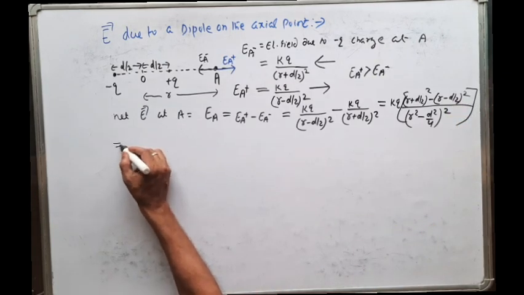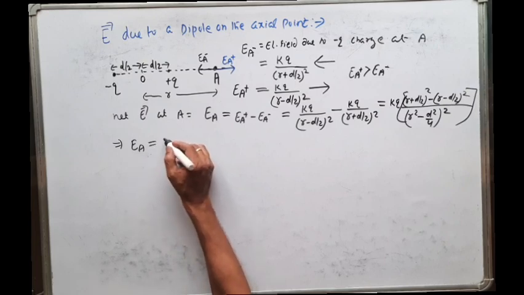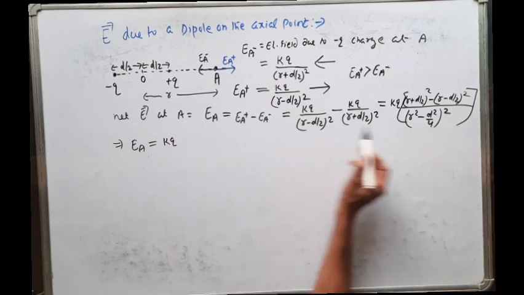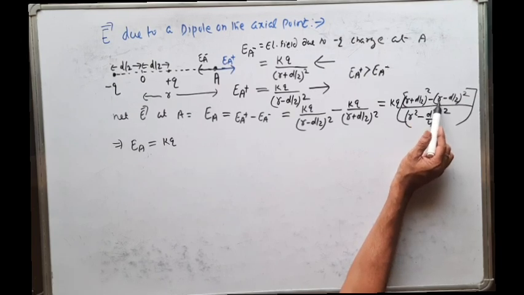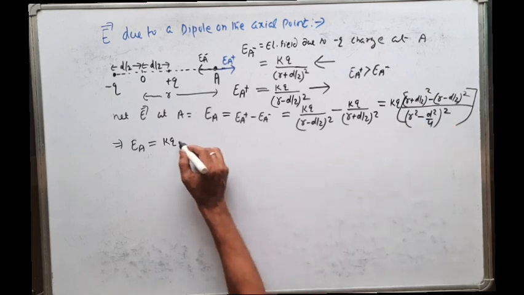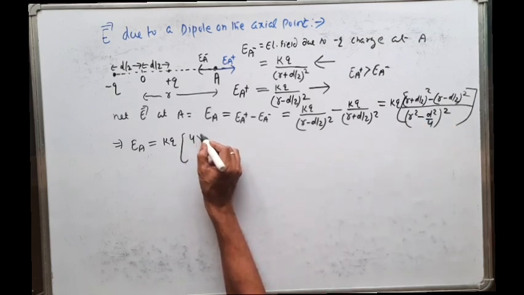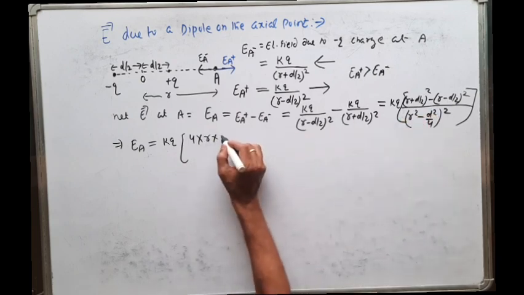So the electric field intensity at A is equal to KQ, and you know a plus b whole square minus a minus b whole square is equal to 4ab. Here a is r and b is d by 2.